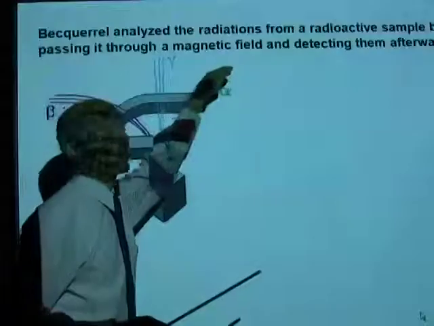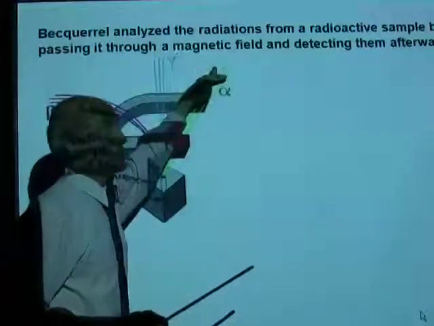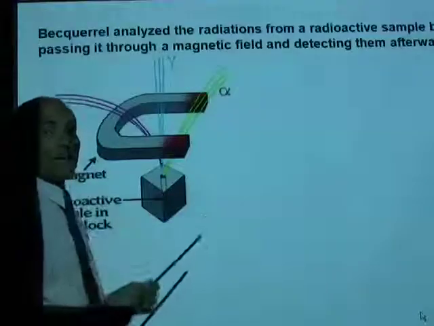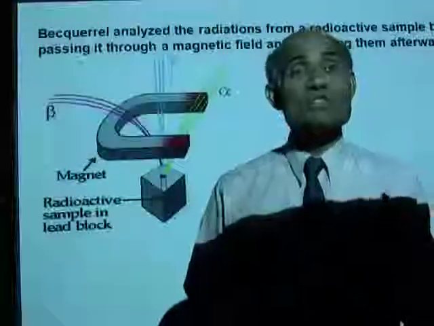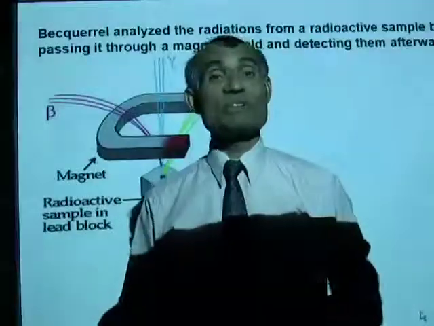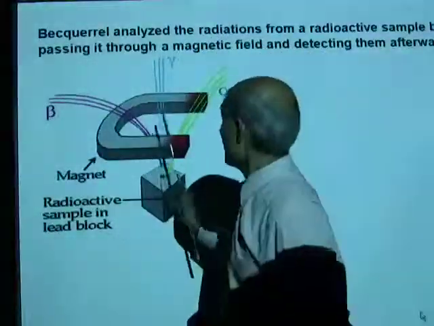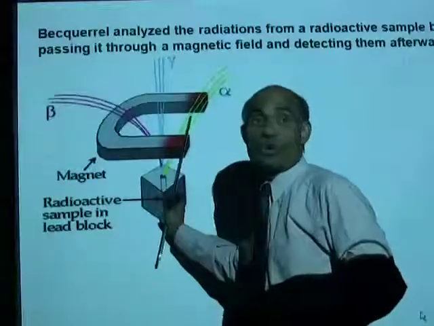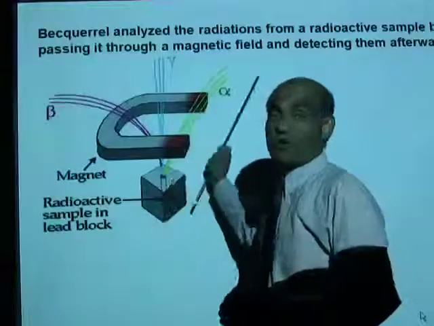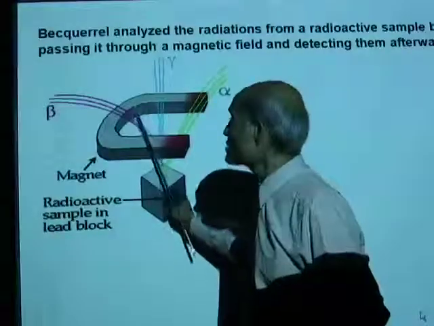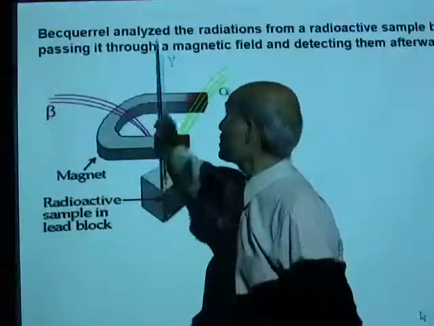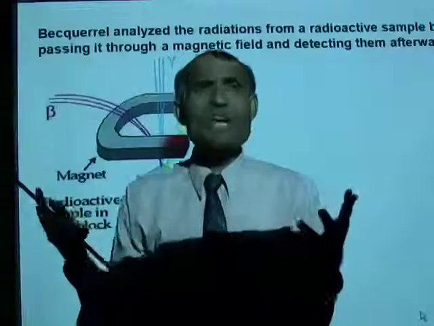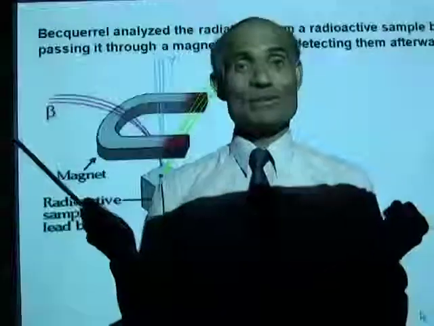Of course, Becquerel had detecting devices all around this setup. He found that the radiations emitted consisted of 3 different types of radiations. One radiation was deviated to the right, another was deviated to the left, and the third type did not suffer any deviation at all.